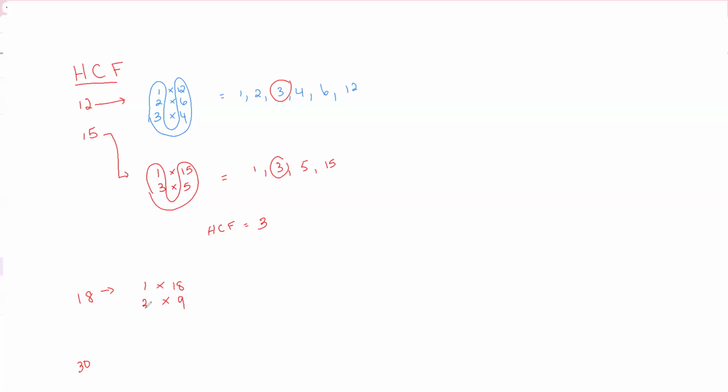How about 3? Yes. 3 times 6 will give me 18. How about 4? No. How about 5? No. But 6. So you realize it forms a loop of all the factors, or all the numbers that can be divided into it. So we have 1, 2, 3, 6, 9, and 18.